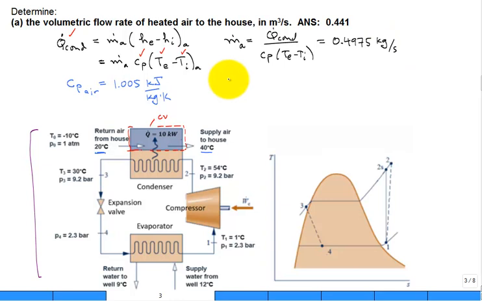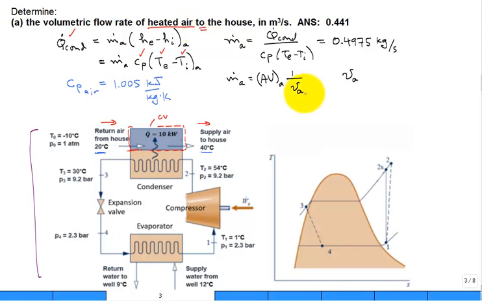Then we recall that the mass flow rate of air is equal to the volumetric flow rate of air divided by the specific volume of the air. And the specific volume of the air is given by the ideal gas equation. Now if you read the question, you ask which one is it? Do they want the volumetric flow rate of the return air or the supply air? The volumetric flow rate of the heated air that's going to the house, I would assume that's the supply air.